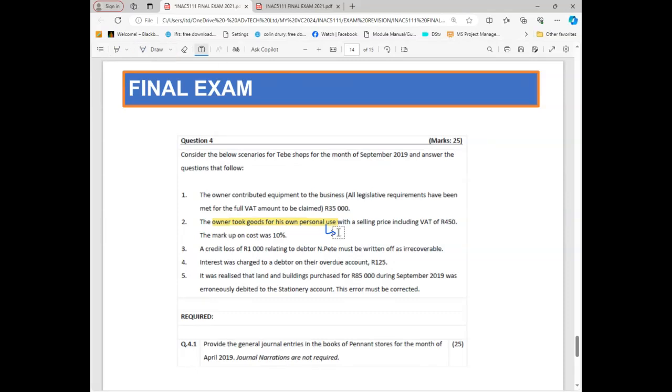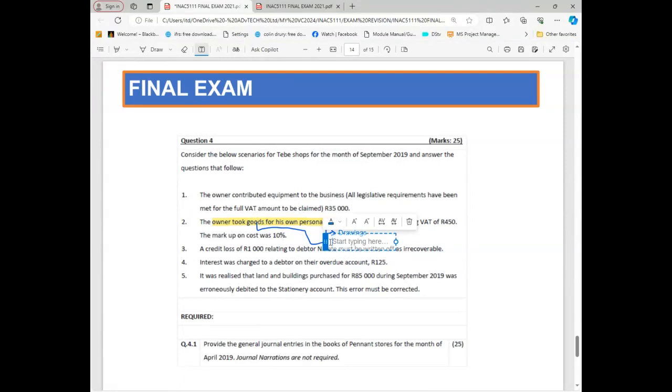Automatically, this will be our drawings. Okay. This will be our drawings. And then, what did he take? He took goods. Remember the system that we're using, they didn't tell us which system, but we're using perpetual.